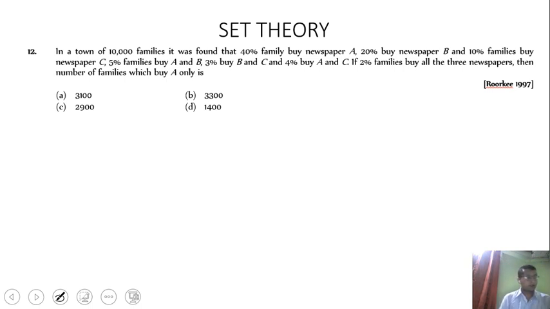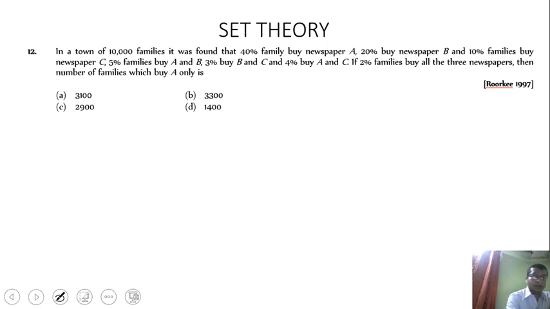So the statement is very lengthy. This is a real world problem, we have to write it in mathematical language using the set theory concept. If you go on solving, we get the solution for this. So we need to find the number of families which buy A only.